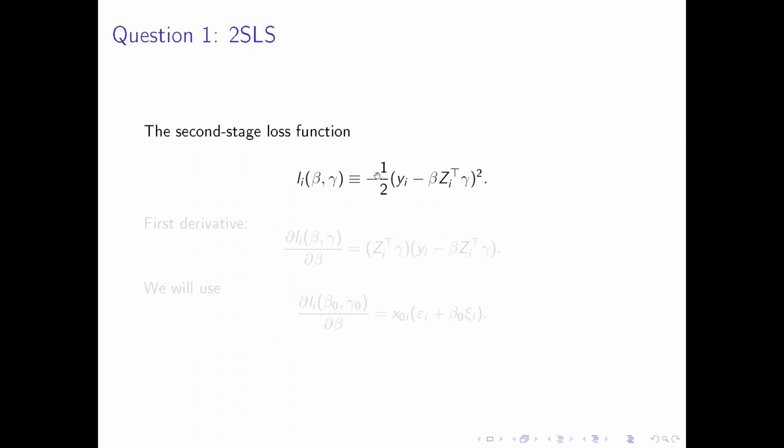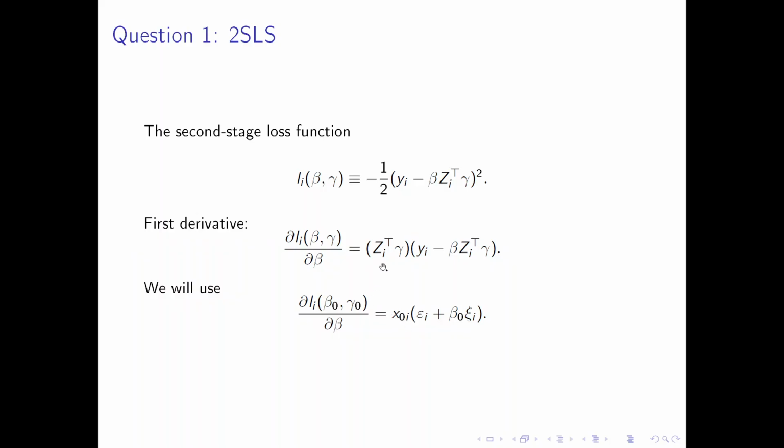Anyhow, I put 1 over 2 to cancel out the derivative's constant. If you differentiate this with respect to beta, you get this, right? Also pretty simple. The minus sign cancels out by this, and 2 cancels out 1 over 2. So this is what you get, the first derivative. And what we need later for the influence function is this, the derivative when beta and gamma are the true values.